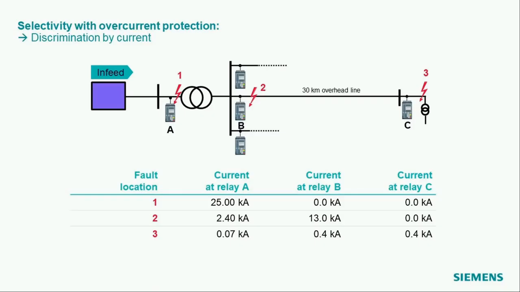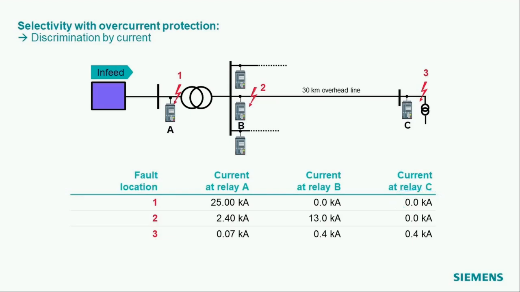And if you now do a calculation of fault current, first of all at location 1, that means a short circuit on the high voltage side of the transformer, in this case it was 25 kiloamp short circuit current seen by relay A. Relays B and C will in this case not see any short circuit current.